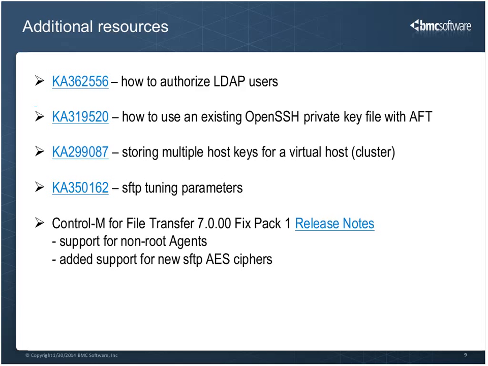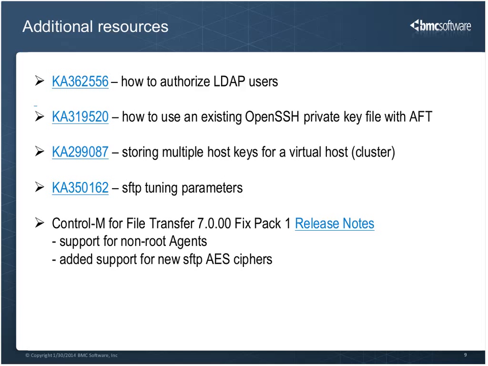So you'll get jobs that are not okay in that case, unless you enable an option in AFT that will allow it to store multiple host keys for one and the same virtual host name. So this KA describes how to do that.